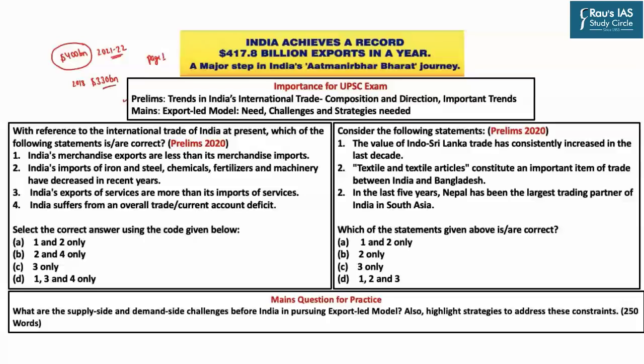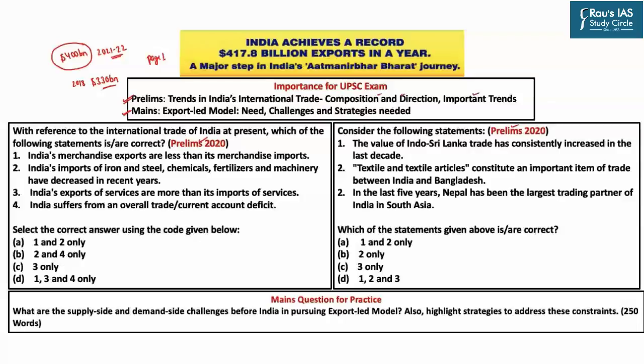So in the light of recent developments with respect to India's external sector, various aspects become important from the perspective of the prelims as well as the mains examination. As you can see in the previous year prelims, questions have been repeatedly asked with respect to various aspects of international trade, that is the composition and direction, and important trends in India's international trade.